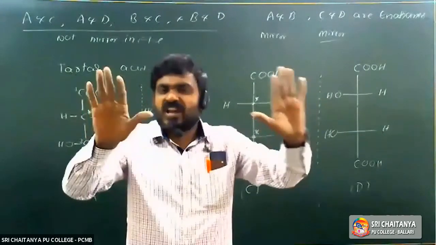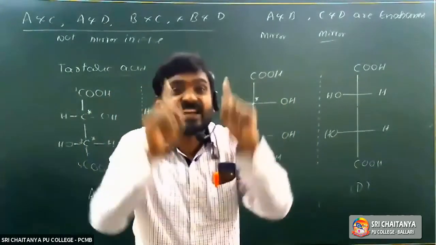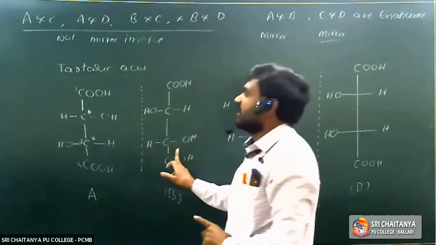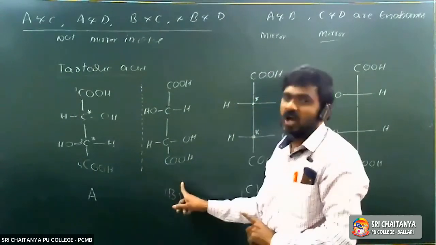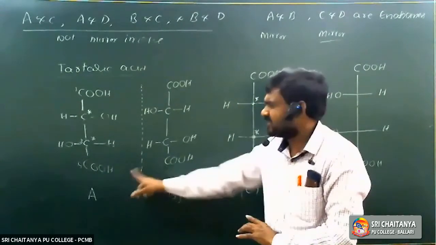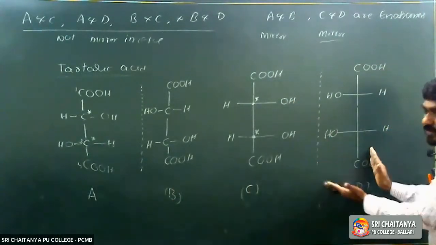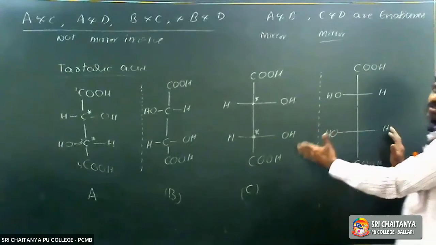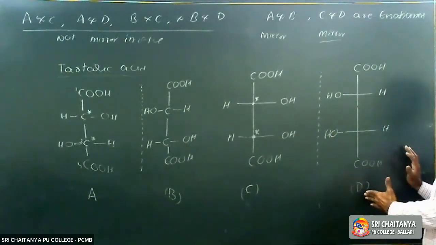So what are enantiomers? Non-superimposable mirror images are called enantiomers. A and B are mirror images, these two are non-superimposable, hence enantiomers. C and D are also mirror images, non-superimposable, hence also enantiomers.